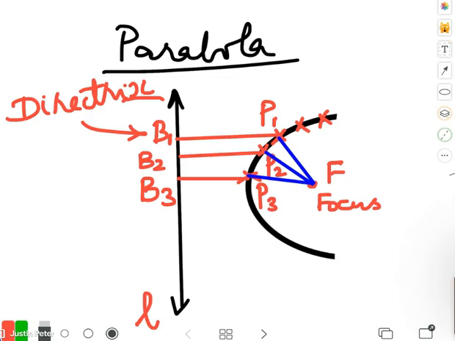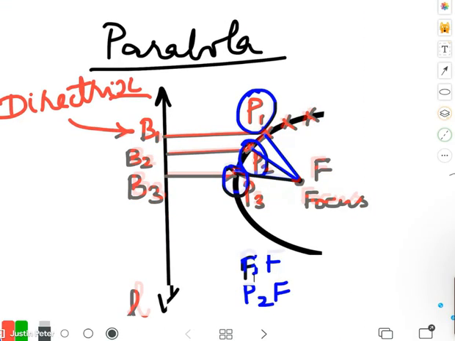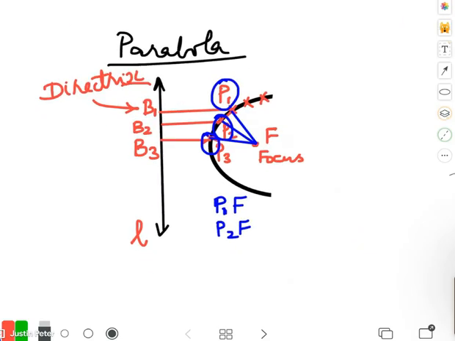What we are saying is the distances of these points P1 from the fixed point, P1F, P2F, and then the third point's distance from the focus.